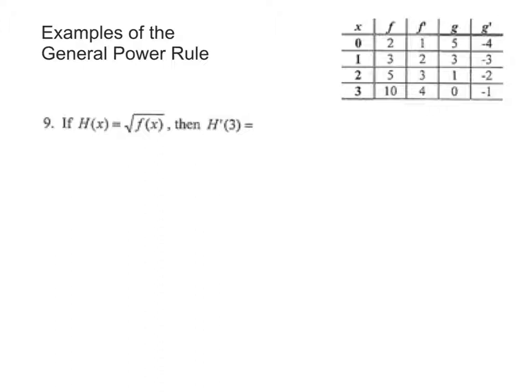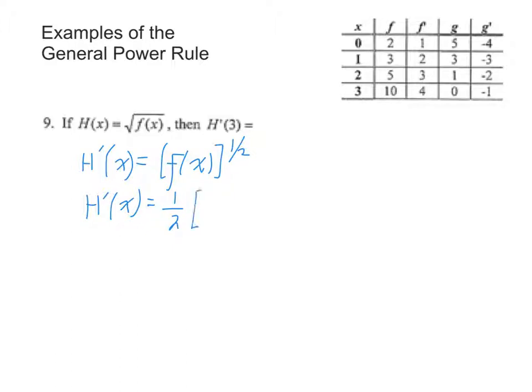The next one is also a power rule. I'm going to rewrite this as f of x to the 1/2 power. So the general power rule says that the 1/2 comes down in front. I'm going to subtract 1 from the exponent and then multiply by the derivative of the inside.